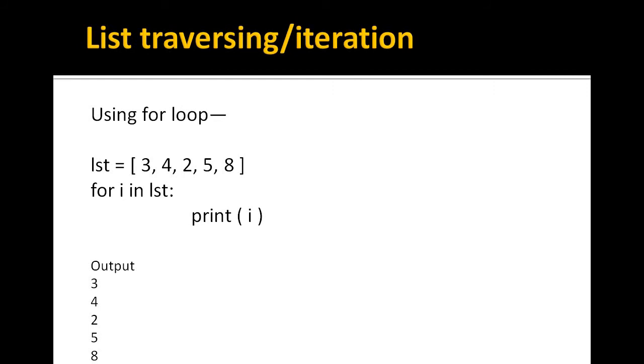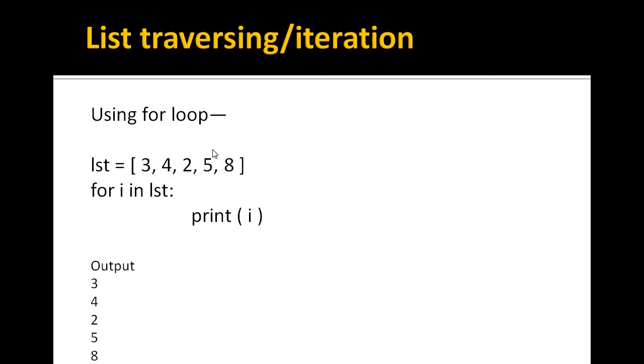Here we can use iterations, that is, loops. The first one we are using is the for loop. With a for loop you can access each and every element, or you may decide to skip some of the elements. That means if you want to access alternate elements, that can also be done.